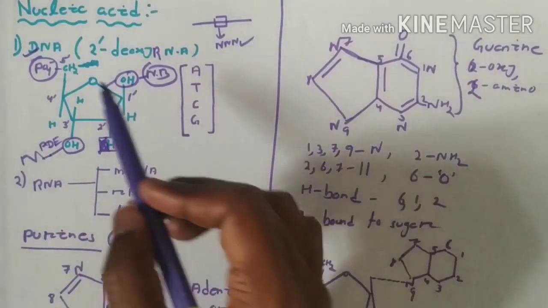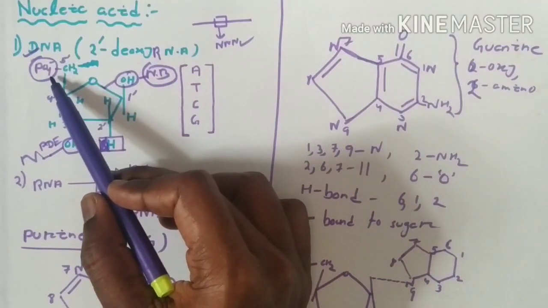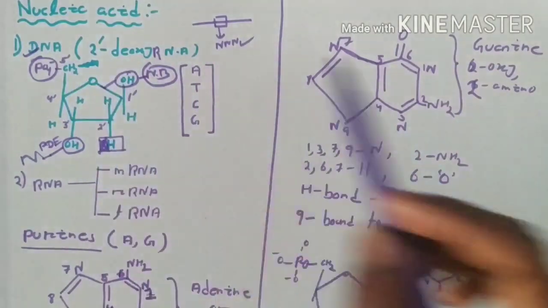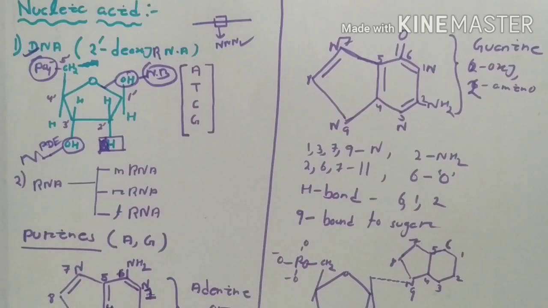And at the 5' end, there is a phosphate group, and it is the reason why the DNA strand is named 3' and 5'. At the 3' end an OH group is present, and at the other end a phosphate is present, which is known as 5'.